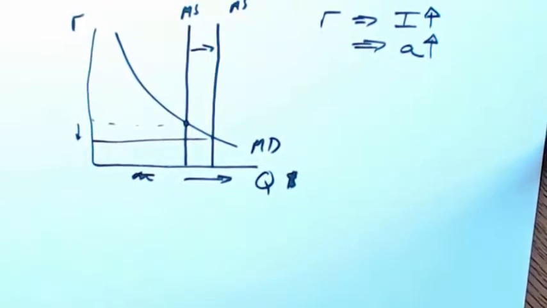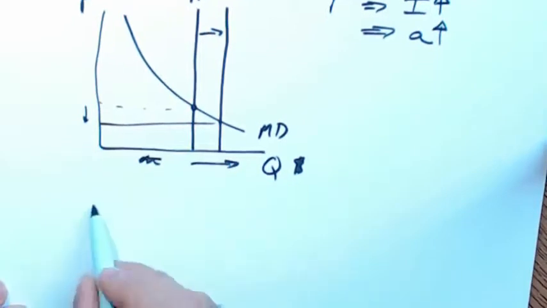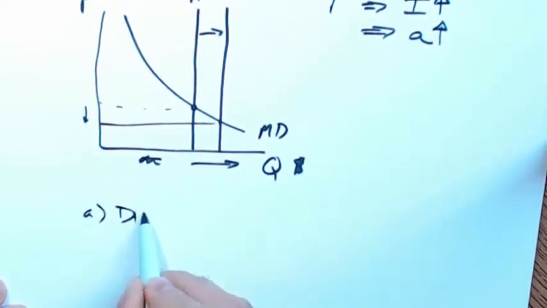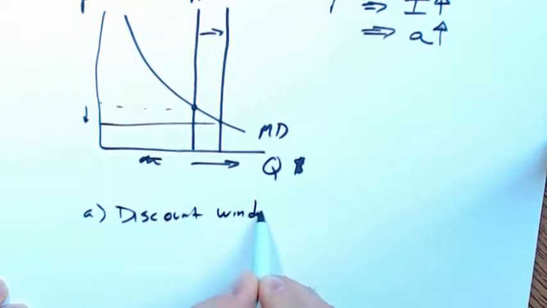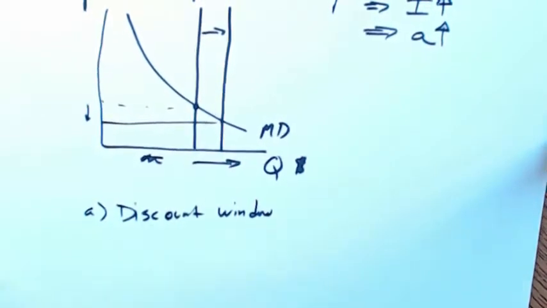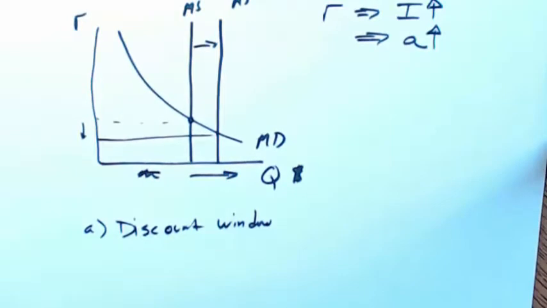Now what we are going to do is talk about the tools of monetary policy. And the first one we'll cover is the discount window. Now, banks are required to hold money as reserves to back up their deposits, but sometimes banks run into trouble.